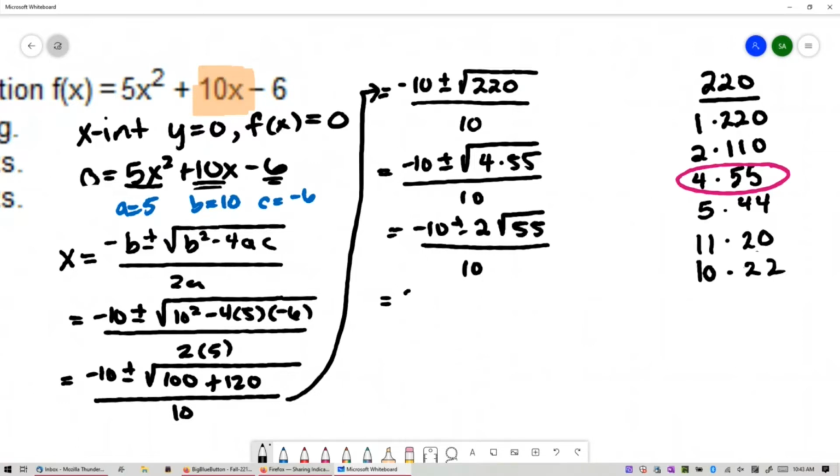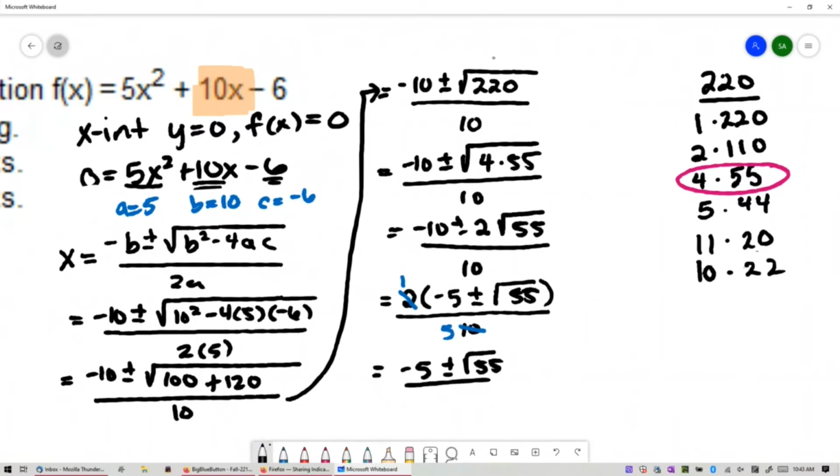So I can factor a 2 out of the numerator. So this becomes negative 5 plus or minus square root of 55 over 10. And now the 2 and the 10 can cancel. 2 goes into 2 one time, 2 goes into 10 5 times, and that's going to give us negative 5 plus or minus square root of 55 over 5.